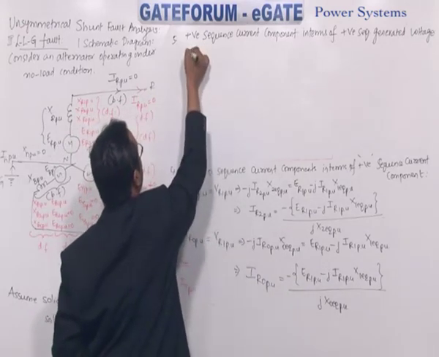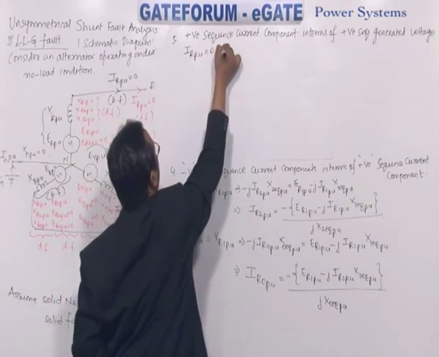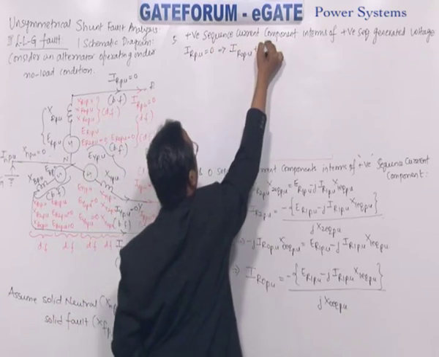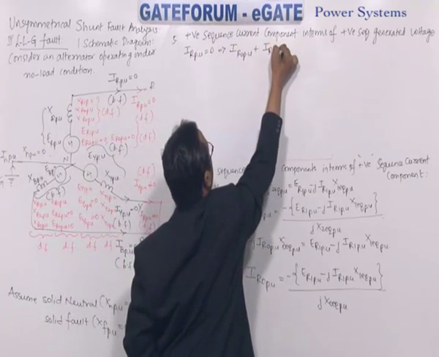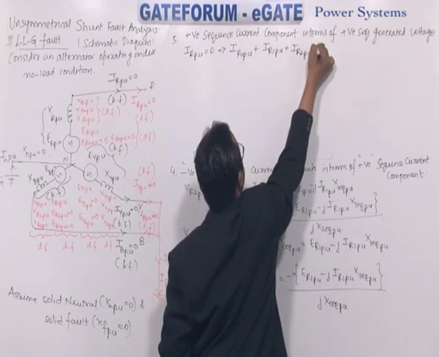For that you make use of the boundary conditions. IR per unit 0 can be written as IR0 plus IR1 plus IR2.